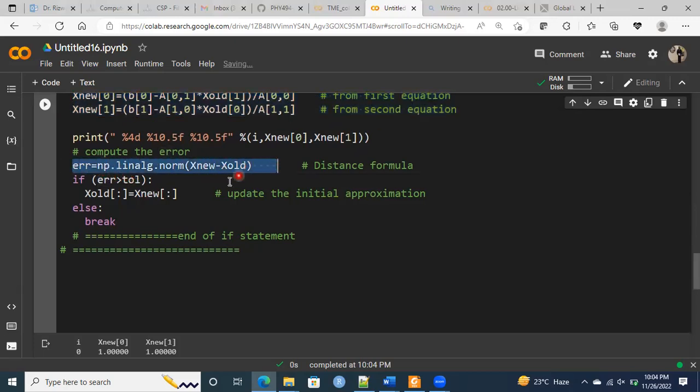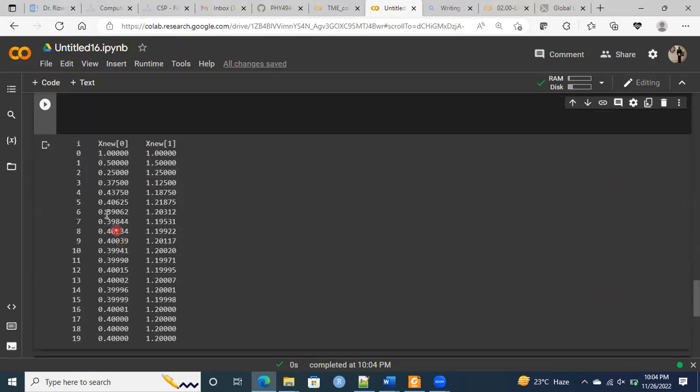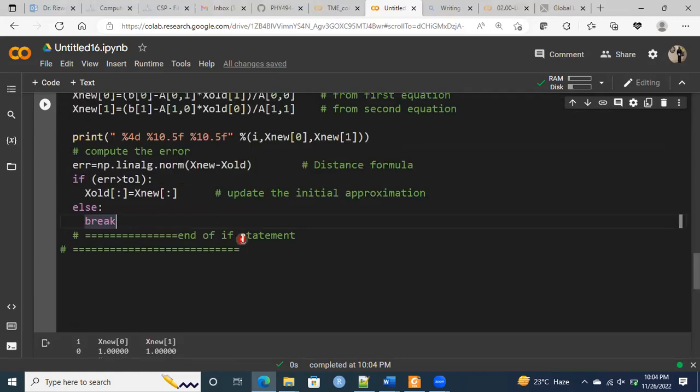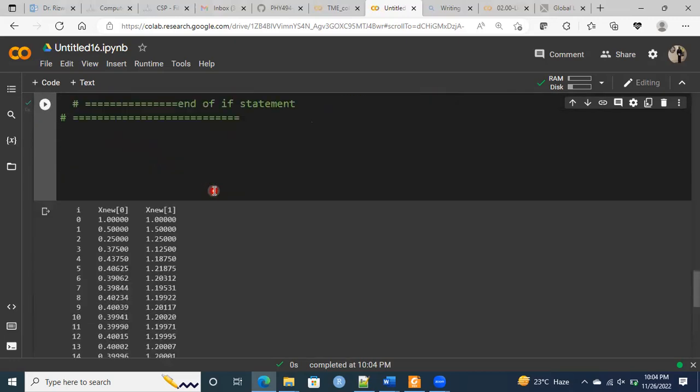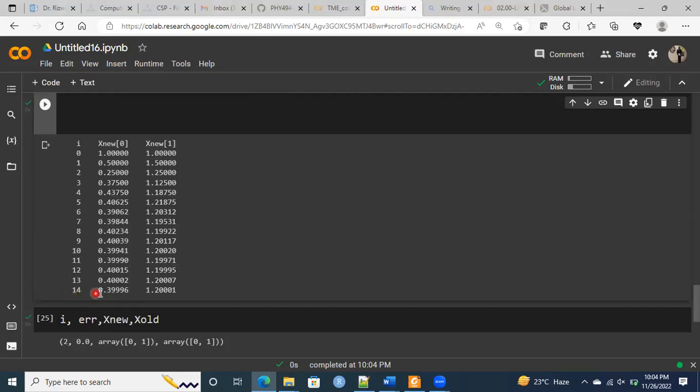Then the error calculation, and if the error is greater than the tolerance level, we update the initial approximation, else we stop. So we have the iteration numbers printed. If I set it to minus 4, we will be able to see the answer has converged in the 14th iteration. So this is the programming of Jacobi method.